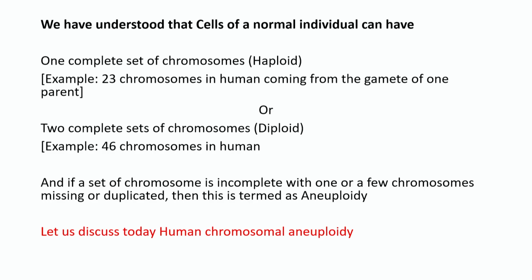And if a set of chromosomes is incomplete, with one or a few chromosomes missing or duplicated, then this is termed as aneuploidy. Let us discuss today human chromosome aneuploidy.